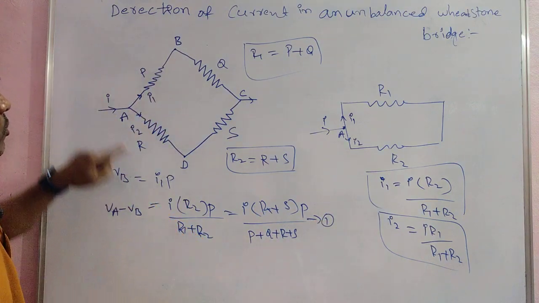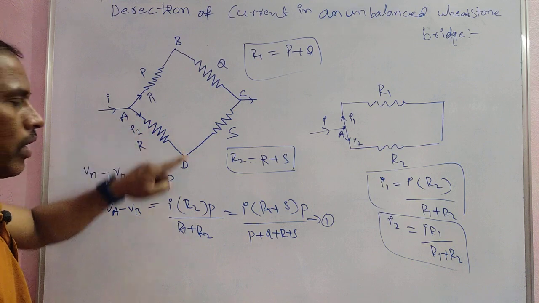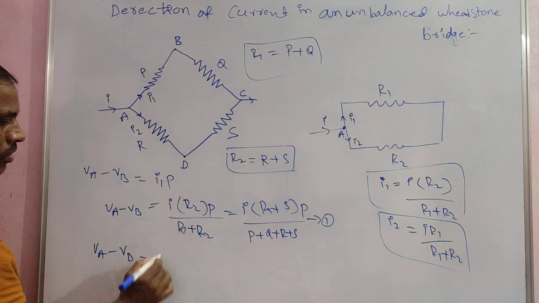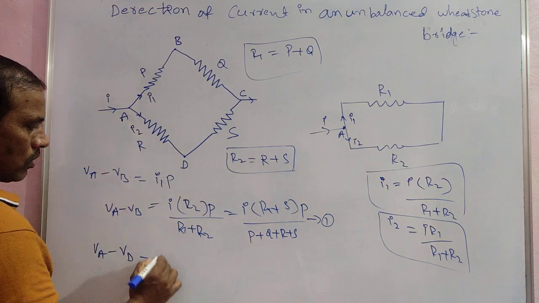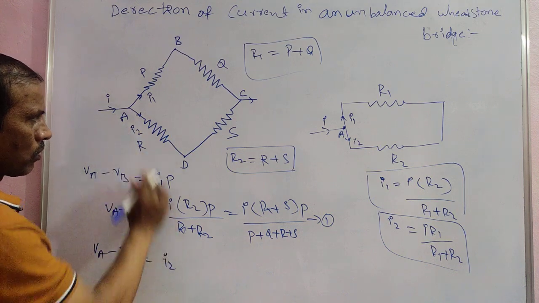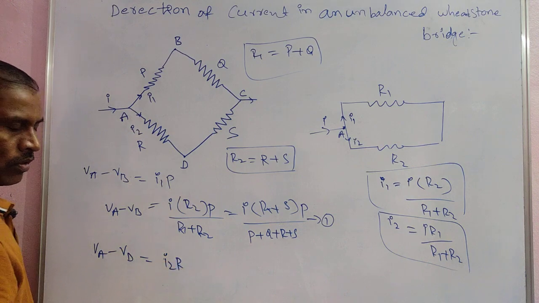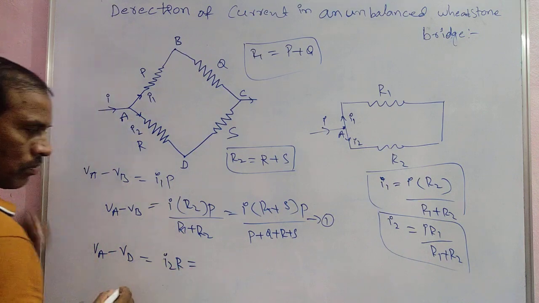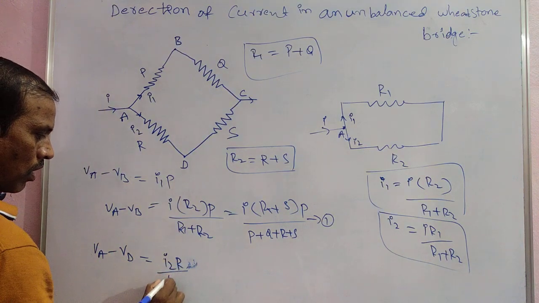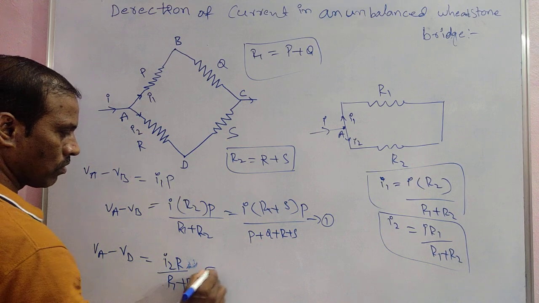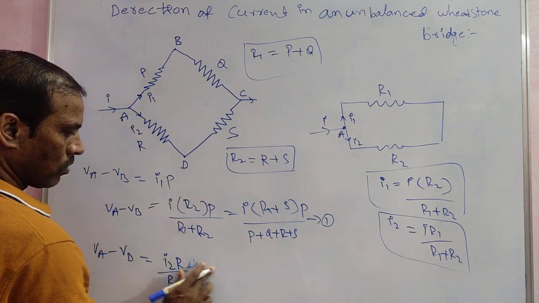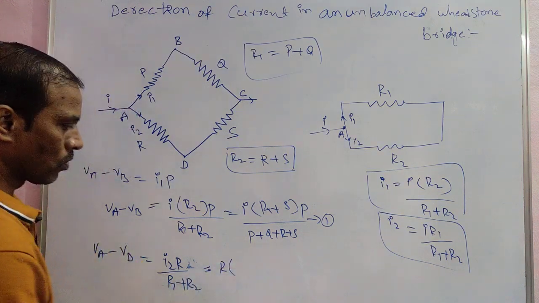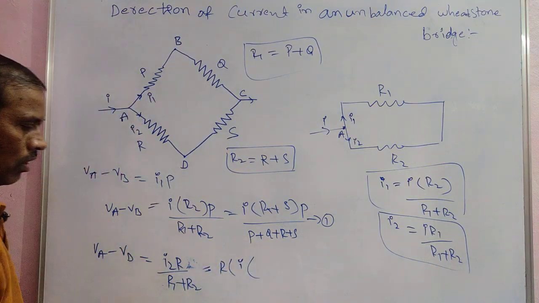Next, the potential difference between A and D. VA minus VD is equal to the current I2 into R. Sorry, for I2 we use this formula: I2 is equal to the total current into the opposite resistance.